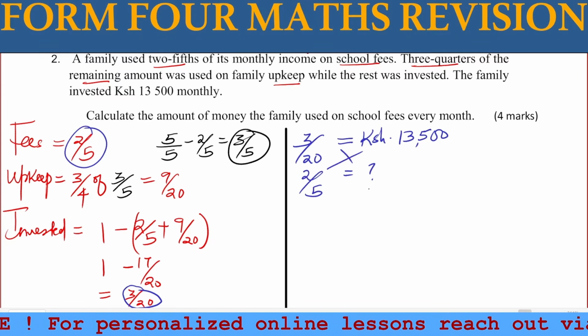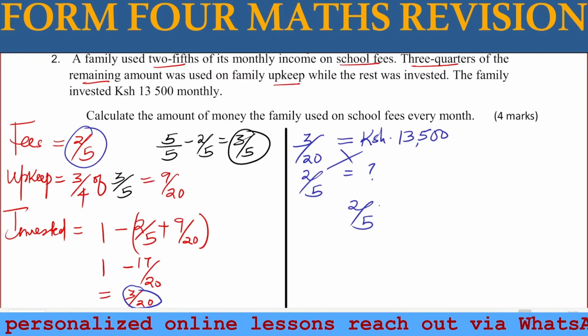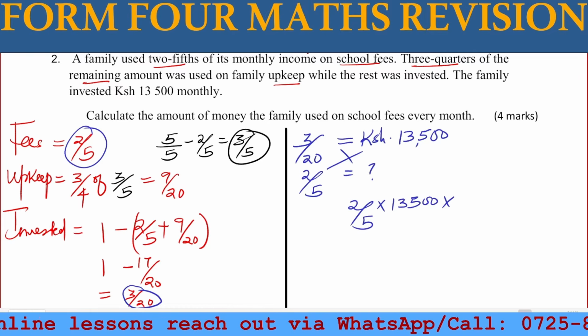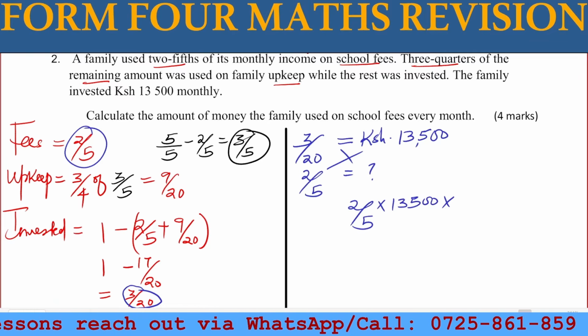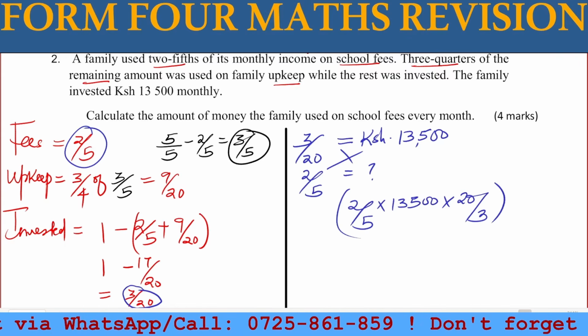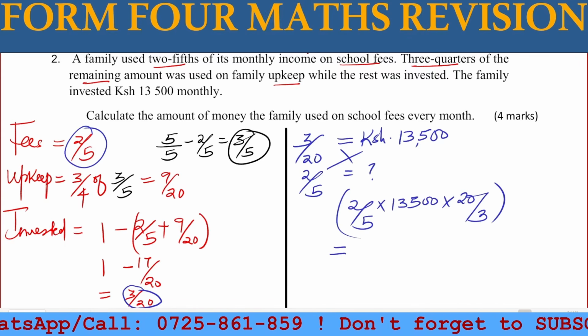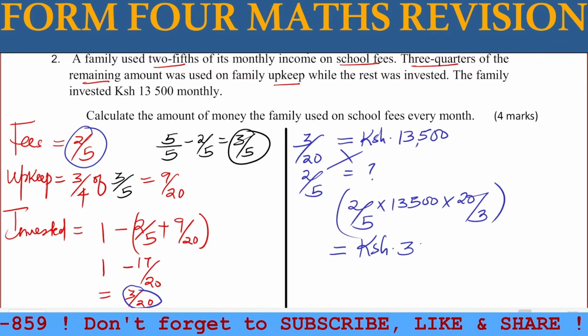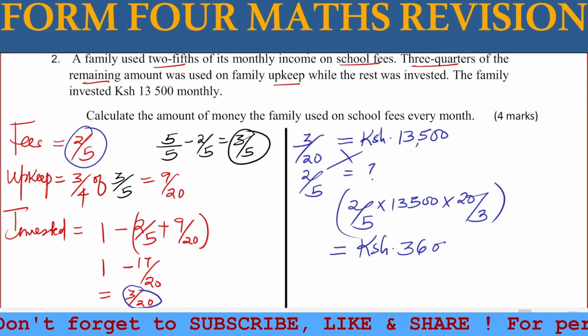So we cross multiply. This will give 2/5 times 13,500 times the reciprocal of 3 over 20, which will give 20 over 3. So this is what is going to give us the amount that was used on school fees. Use a calculator to work that out, and this will give 36,000.